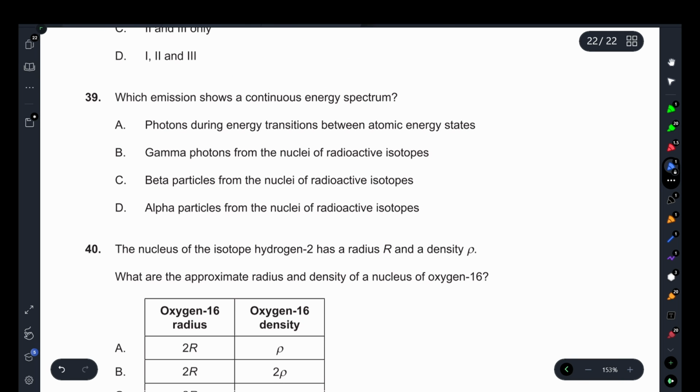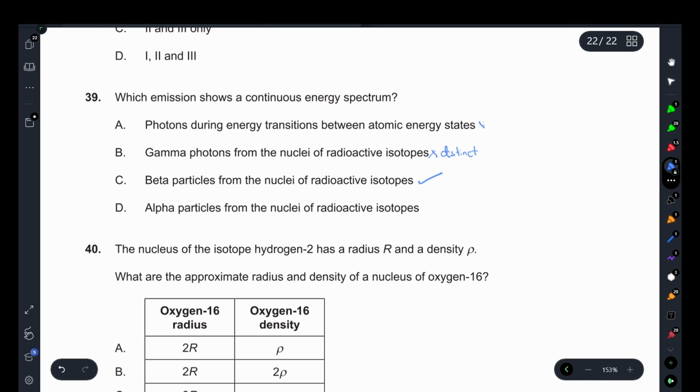Question number 39, which emission shows a continuous spectrum? So this is a very common question that you guys might know, and option C is the correct answer, but let's just go ahead and look at it. From nuclei shifts, they are at distinct levels, which means that they will not have a continuous spectrum.